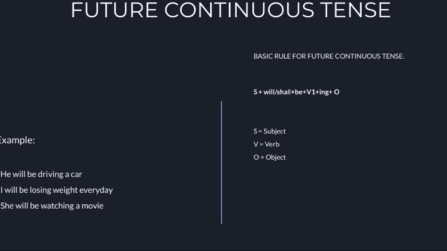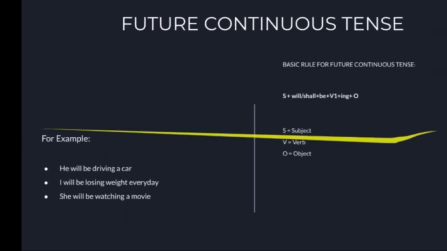So "he will be driving a car" means an action will be being done in future. This is the use of future continuous tense. I will be losing weight every day, she will be watching a movie, because a movie takes at least 2 hours, 2.5 hours, or 3 hours. That's why we are using future continuous tense.